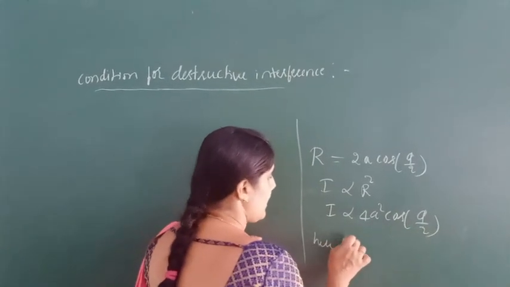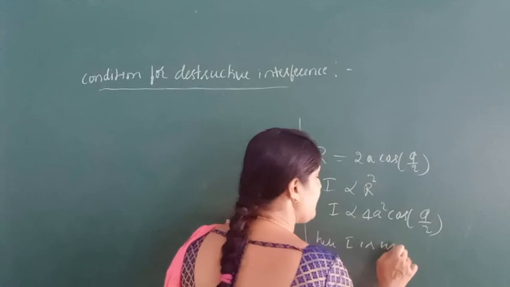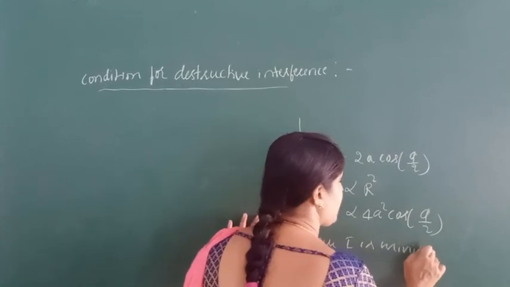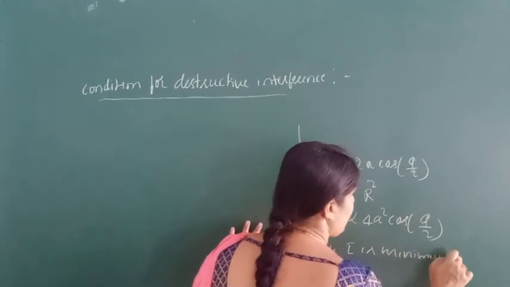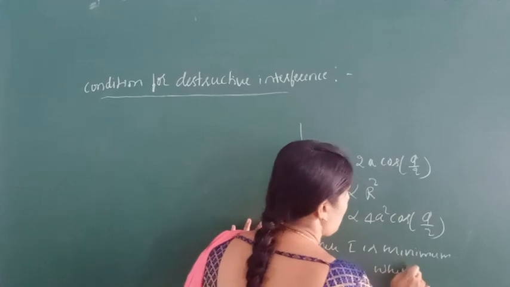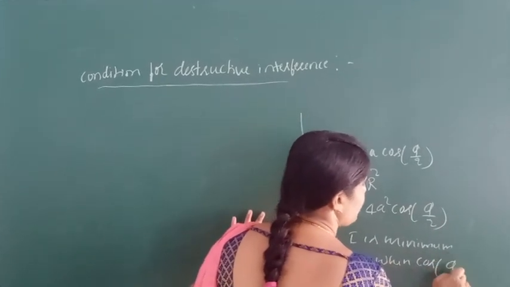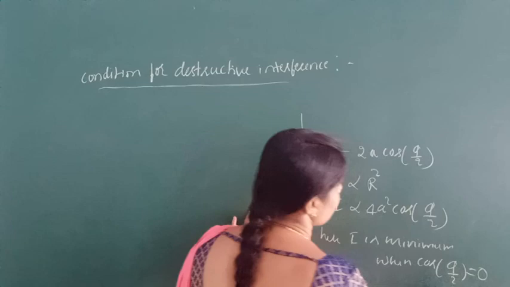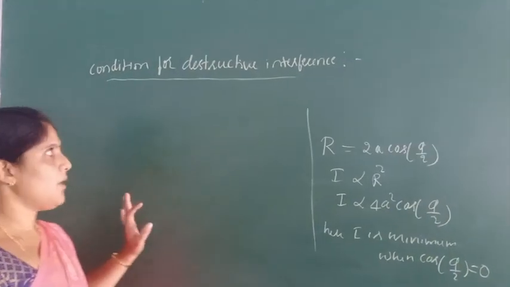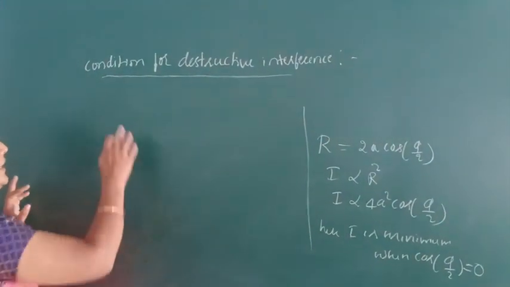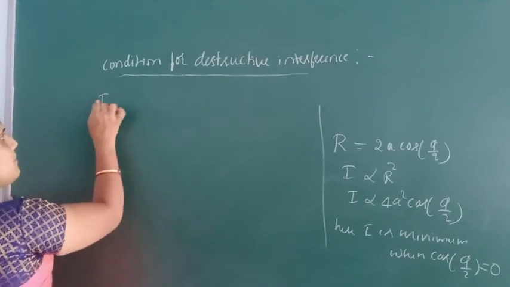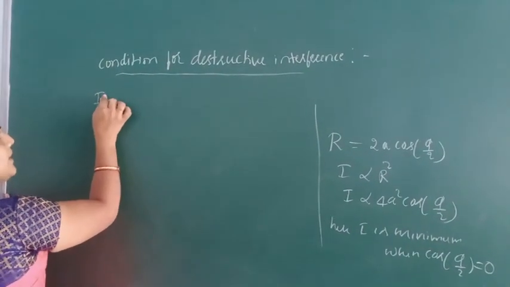Here, I is minimum when cos of phi by 2 is equal to 0. Therefore, here I is minimum during destructive interference.